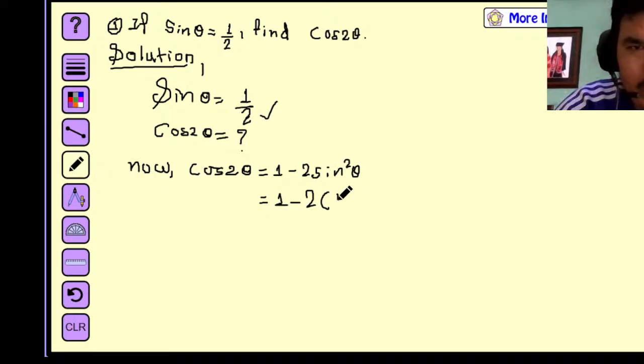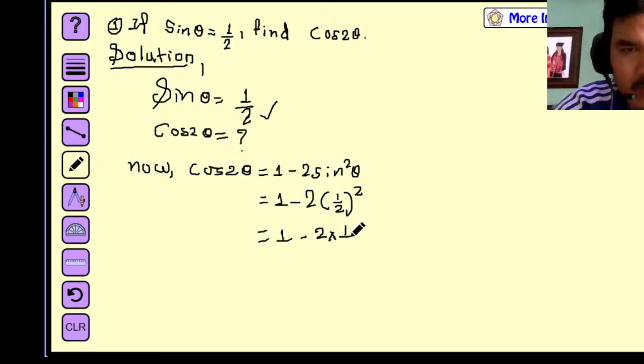Now we can write it equals 1 minus 2, and the value of sine theta is 1 by 2, in brackets, whole square. Because the value is 1 by 2 and there is a square, we put the whole square. Its simplification will be 1 minus 2 into 1 by 4 after removing the bracket. Then we can cancel: 2 ones are 2 and 2 twos are 4. Then what remains is 1 minus 1 by 2.